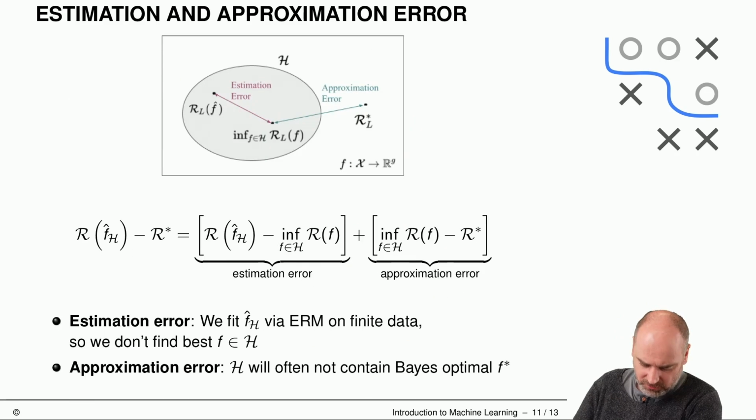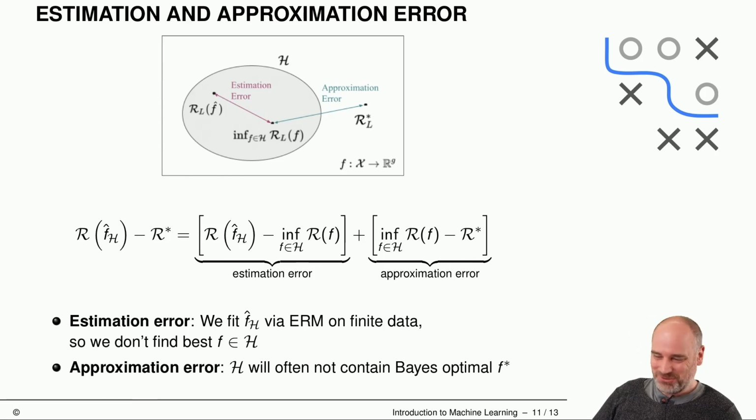And that actually makes a lot of sense if you think about this a little bit. Don't have to think about it too deeply, because I hope you're going to agree with me that this is somewhat intuitive. So let's take a look at the first term. Here we have the difference between the theoretical risk of our F hat model, and F hat was fitted on finite data, and that's what the hat means, via empirical risk minimization, right?